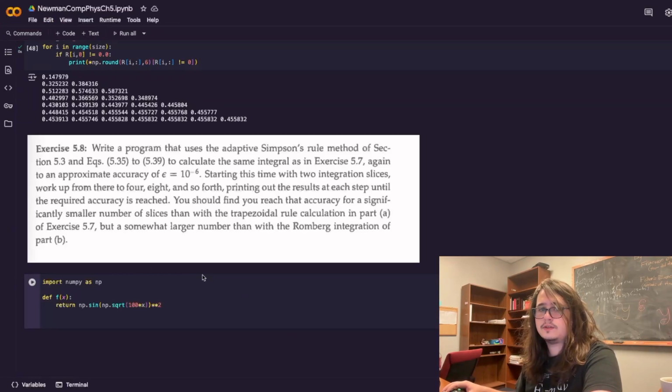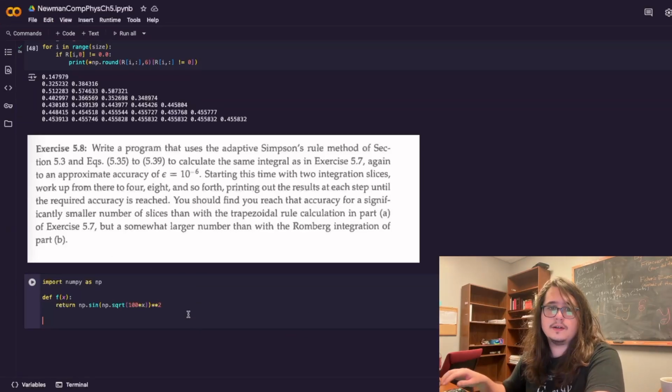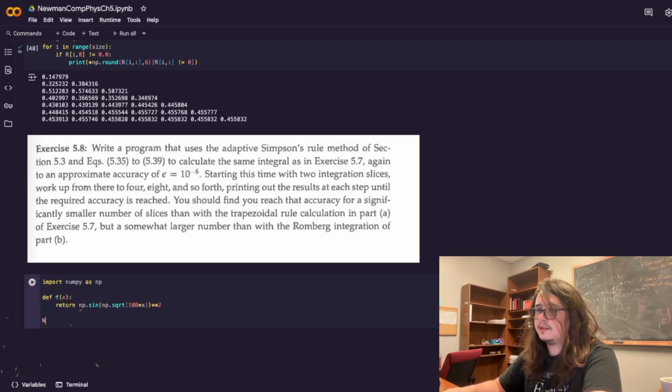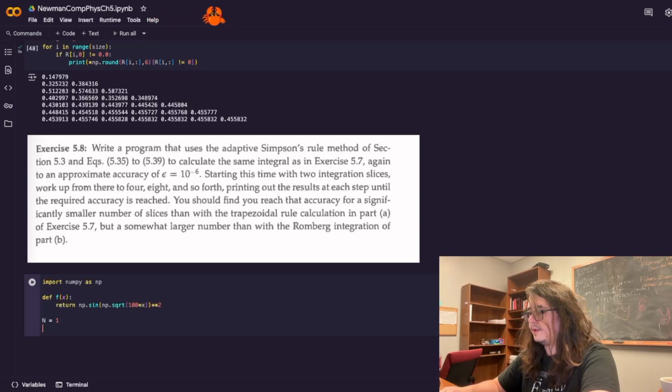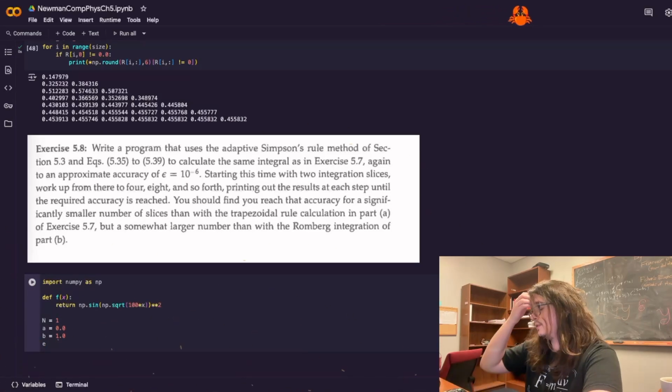So to start out, you start with a value of n that is just 1, so n equals 1. The a is going to be 0, and the b is going to start at 1. That doesn't really change. But then you go into your loop.